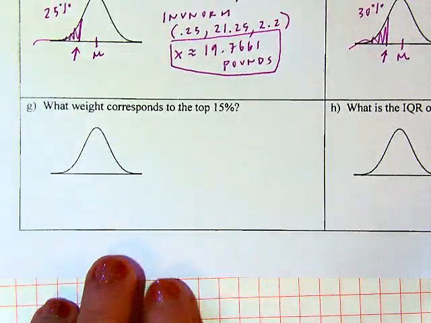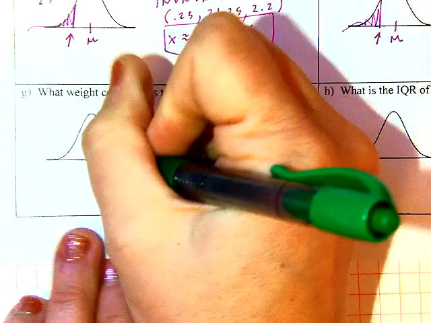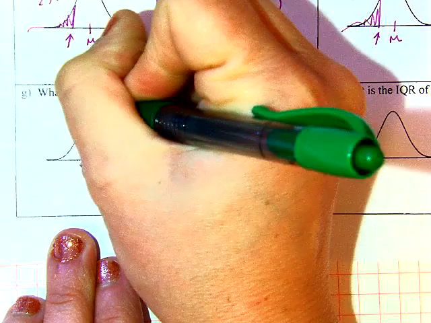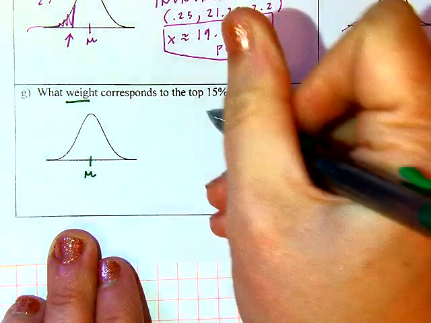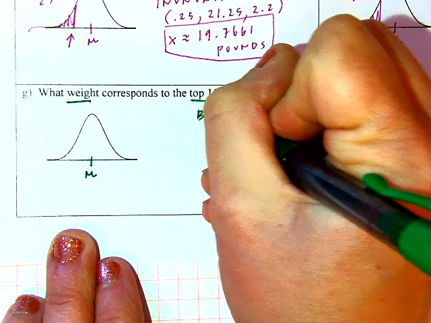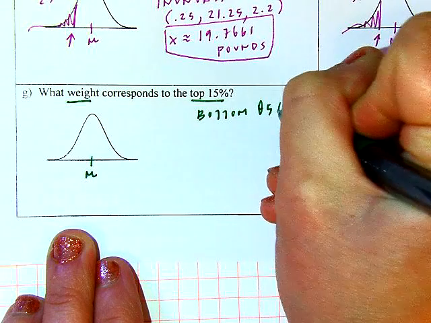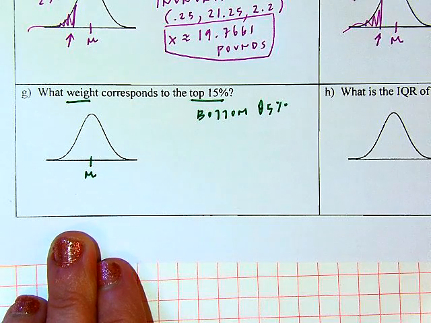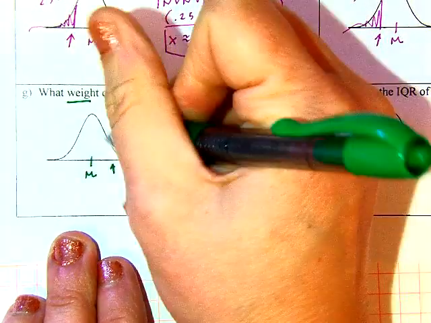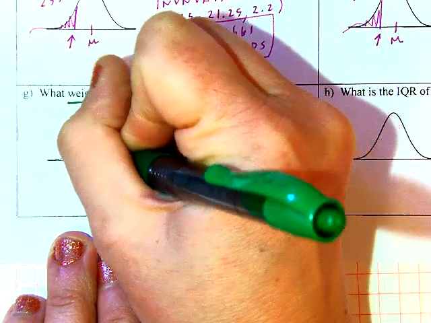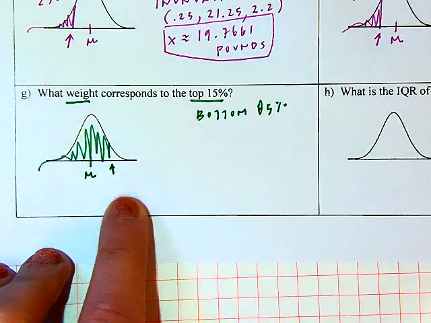So here, what weight corresponds to the top 15%? So here's my mean. I'm solving for a weight. I know that my top 15% would be the same thing as the bottom 85. Let me do good math. 85, right? Just 100% minus 15% gets me 85%. So I'm looking for the marker that would be right about here. Right, so here's my 85% that is in the below region, right?